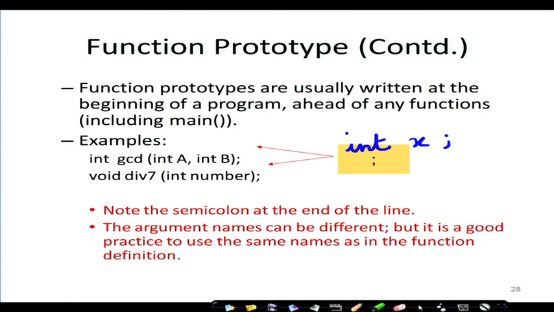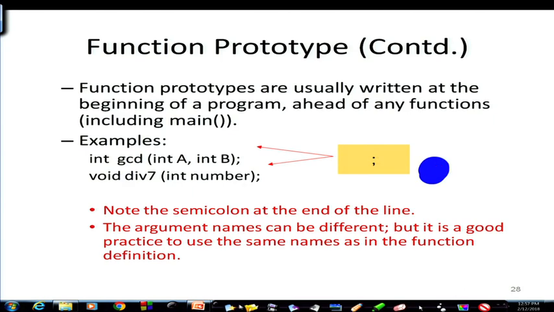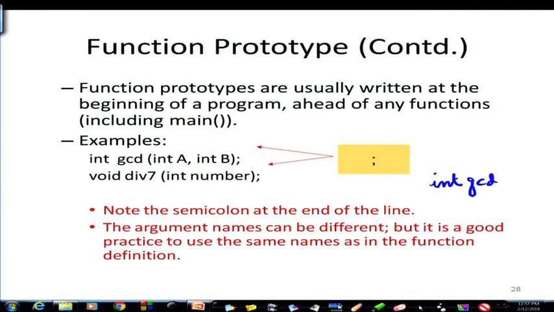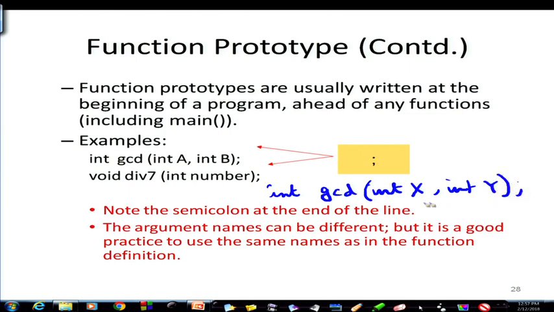Now, what is being said here is that although I am showing A and B here, when I am actually writing the function later, when I write int GCD, I can write int GCD int x comma int y, that is also possible, okay, because my prototype just said that two integer places.